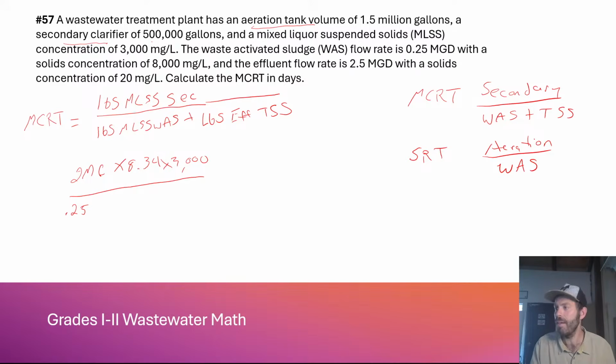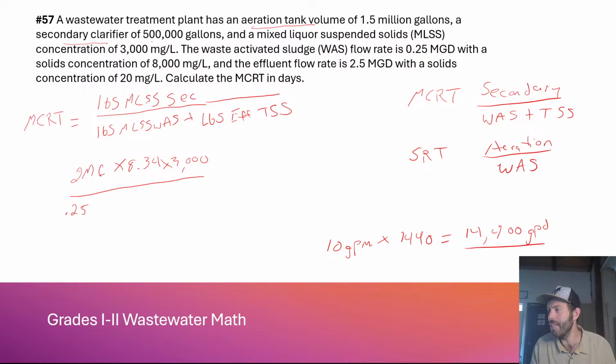Just so you know, 10 GPM times 1,440 minutes in a day gives you gallons per day, so that'd be 14,400 gallons per day. And then you divide by 1,000,000 to get mgd. So if you're given that, be ready for that. But to just show you how this works, I went right to mgd.